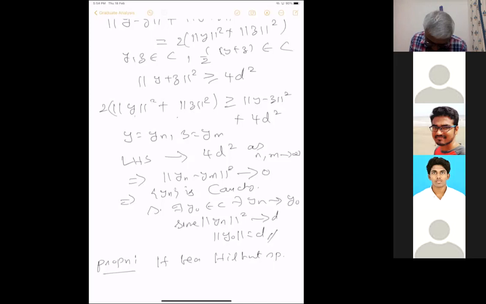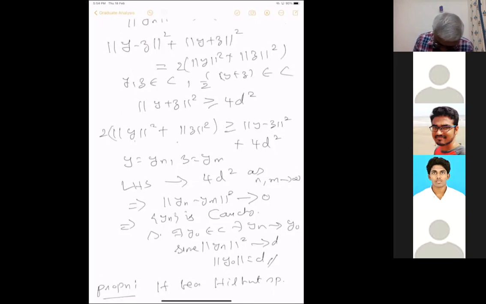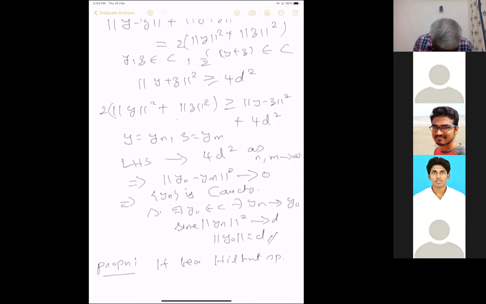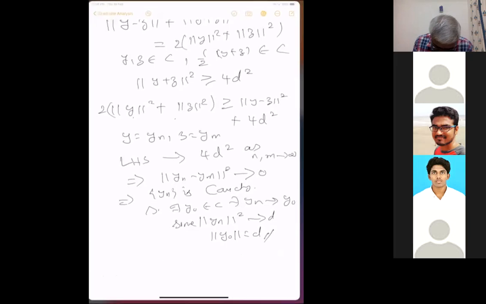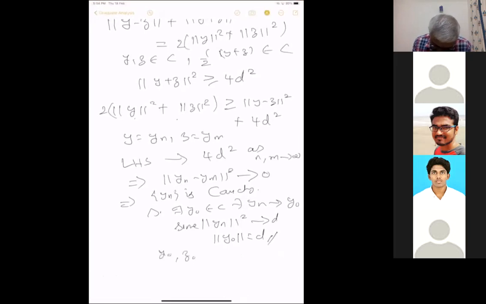So suppose we have two such points, and let us see whether for a convex set it may be unique. Suppose you have y naught and z naught in C, with distance equal to R. You can have norm of y naught equal to norm of z naught, but that's not the point.